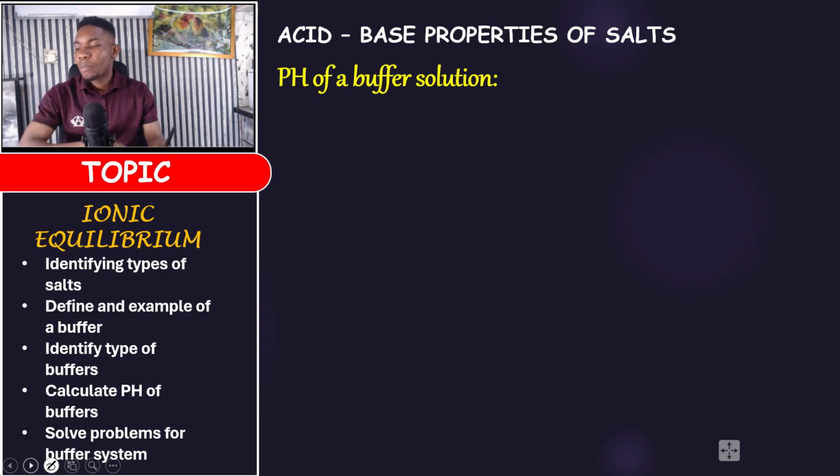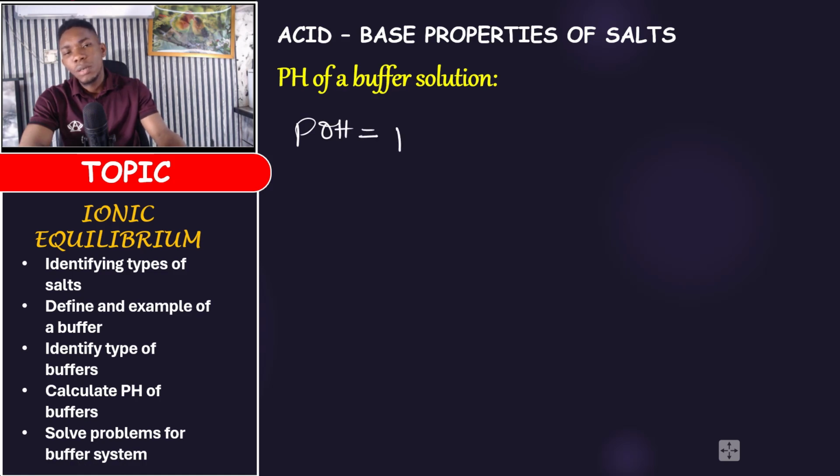Now, similarly for base, you also have the same thing. If you use the same formula for base, it's going to land you at pOH is equal to pKb minus log, the difference is that for base, the base will be on top while the salt would be under.